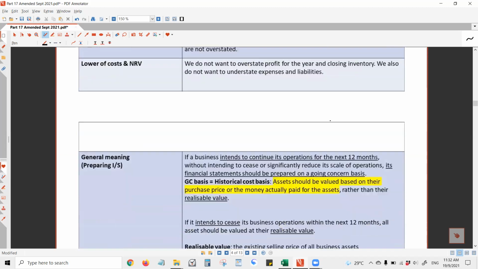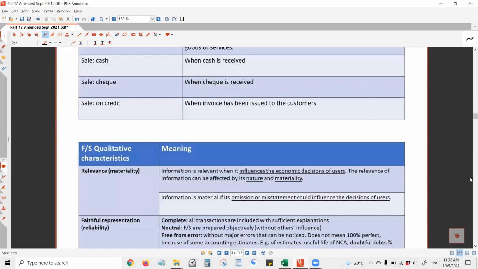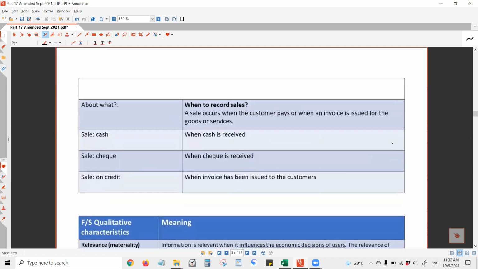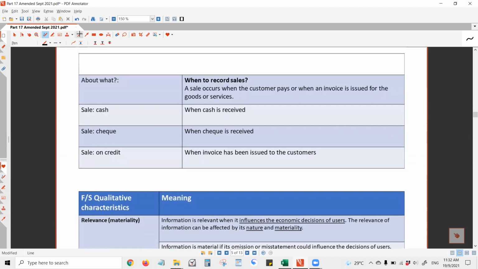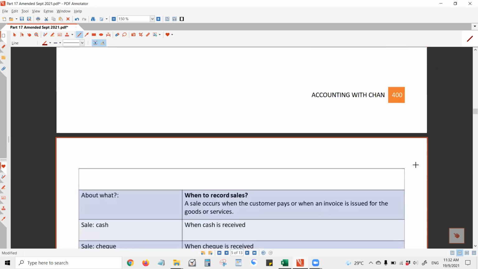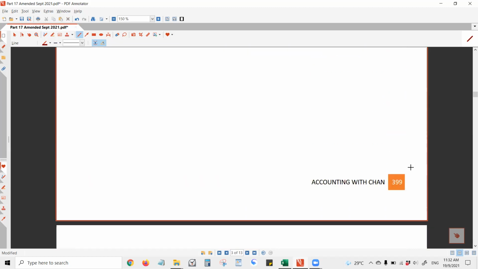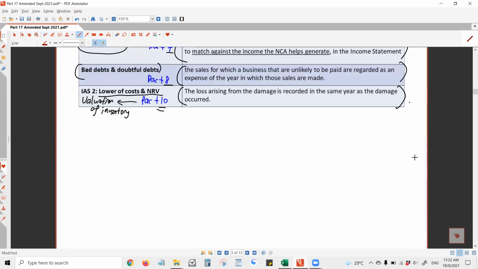Let me see how many more before we start to do questions. A few more. We do until here, then that will be the end of the accounting principle. Then we go and do questions for accounting principle. One more, two more, three more. Okay, three more. Now let's see the next one.